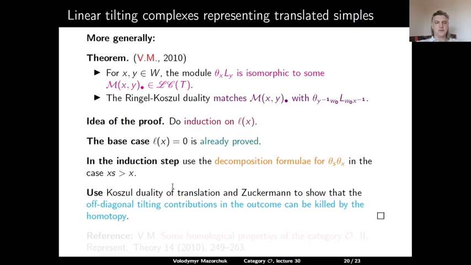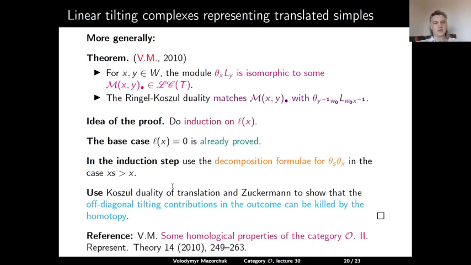But one can show that the contributions just above and just below the diagonal can be killed using homotopy. This is proved in my paper Some Homological Properties of Category O2 from 2010.